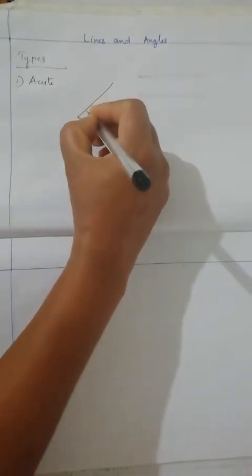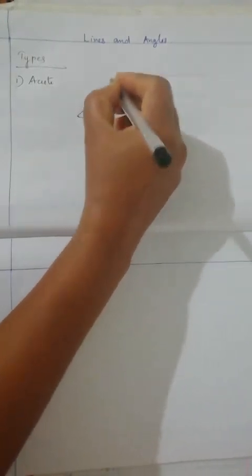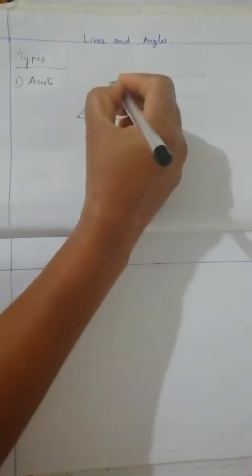What is an acute angle? An acute angle is an angle whose measure is between 0 and 90. Here the initial line is here and the terminal line is here, making an angle, which we mark as theta or x or anything.